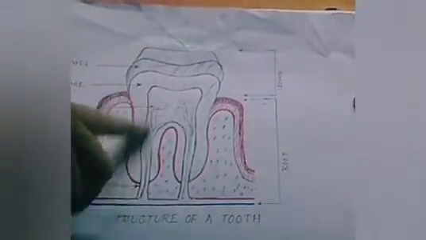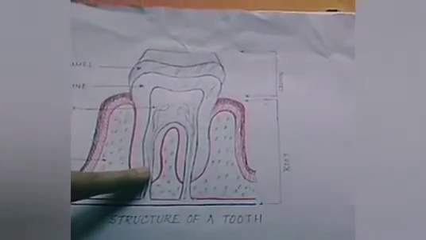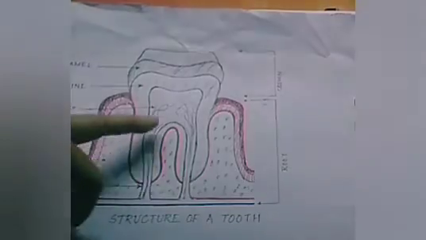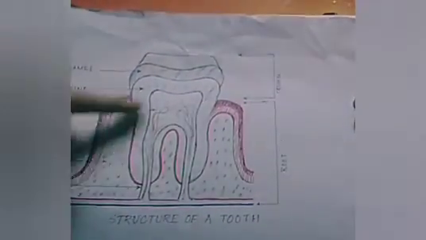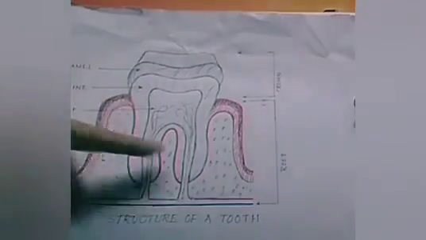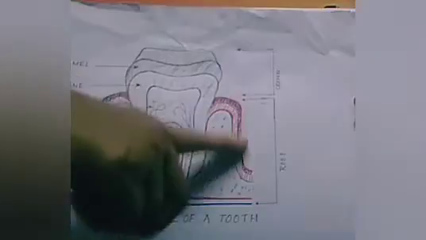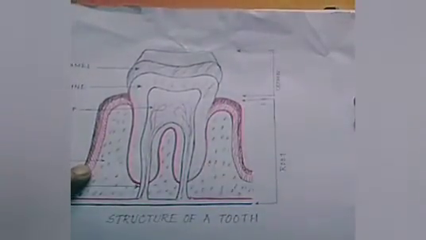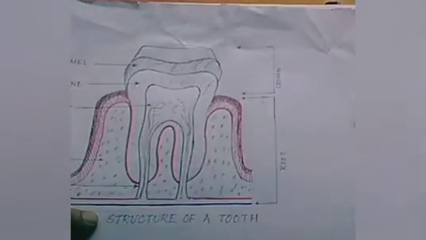This layer is the living layer of the tooth. The lower portion of the tooth is embedded inside the gum, and this pinkish part is called the gum. So this is the whole structure of a tooth.